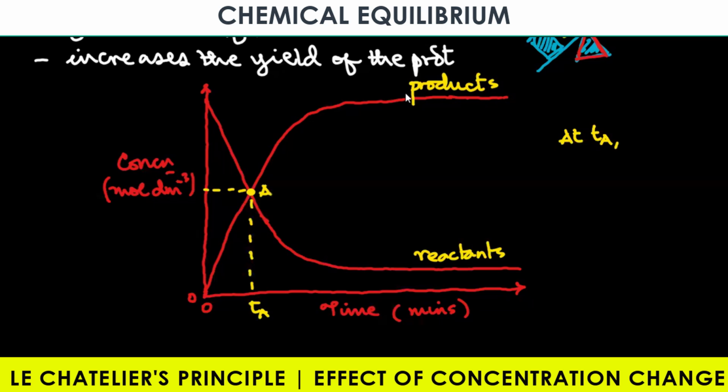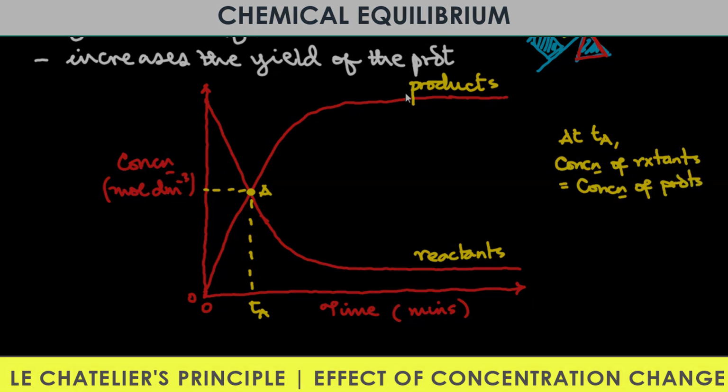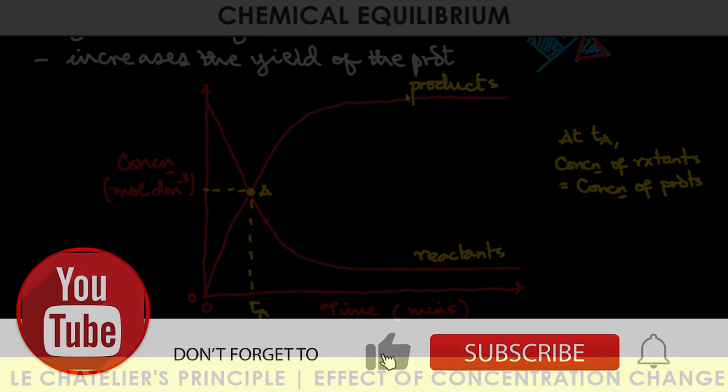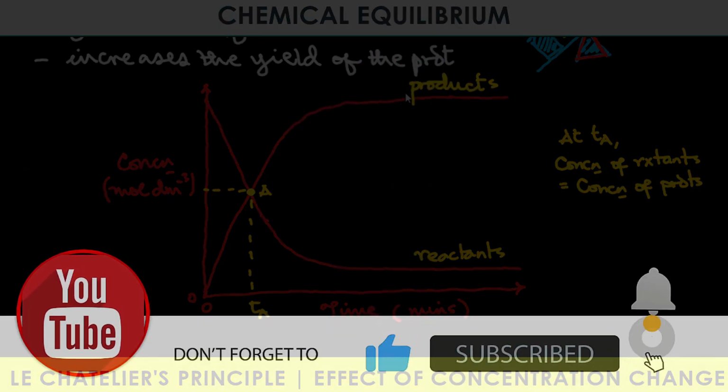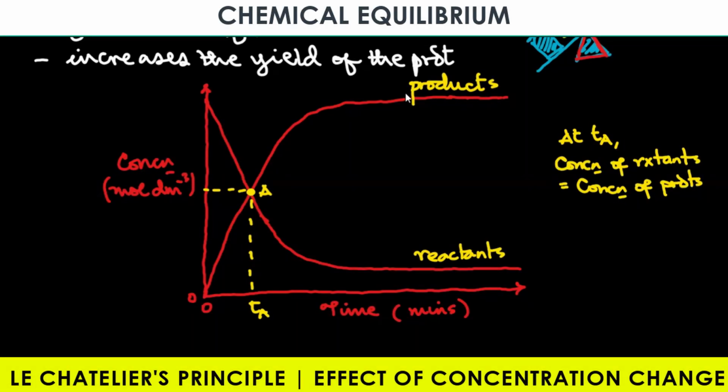At TA, the concentration of reactant equals the concentration of products. But that is not the time at which the reaction attains equilibrium. Because the condition for equilibrium is that the concentrations of the reactants and products would be constant.